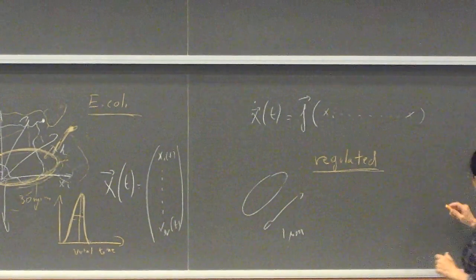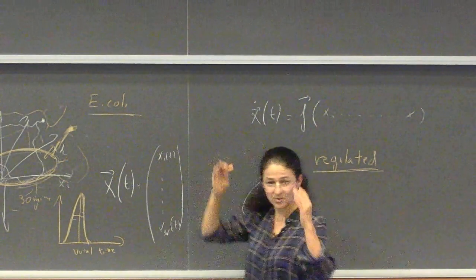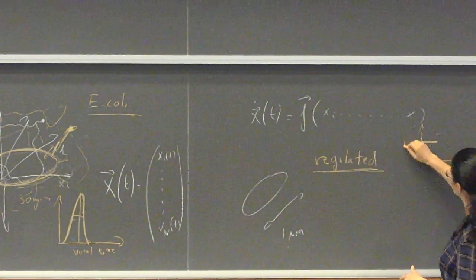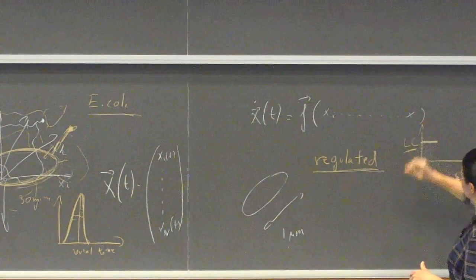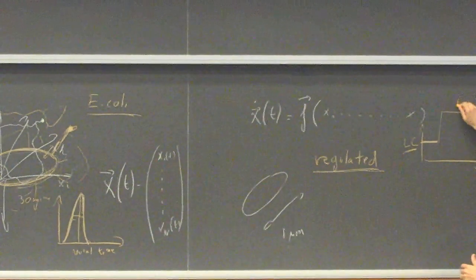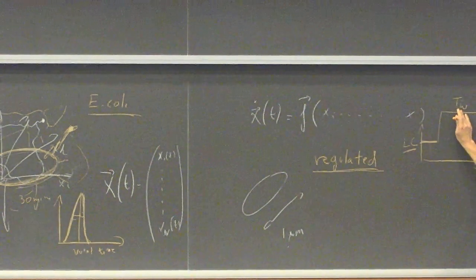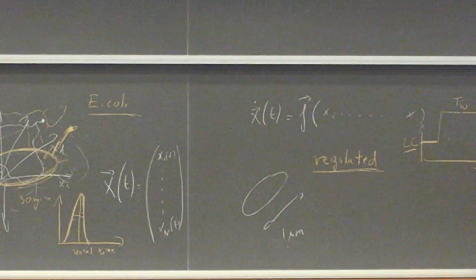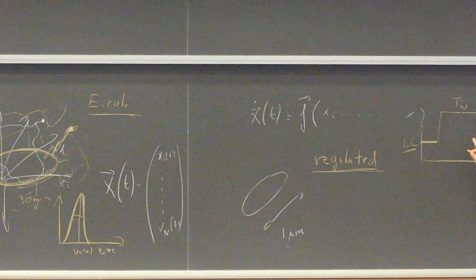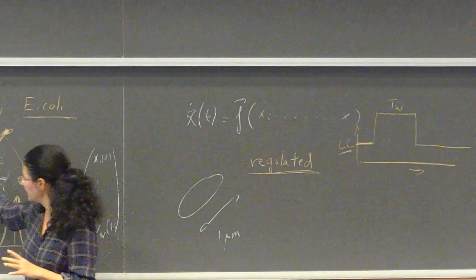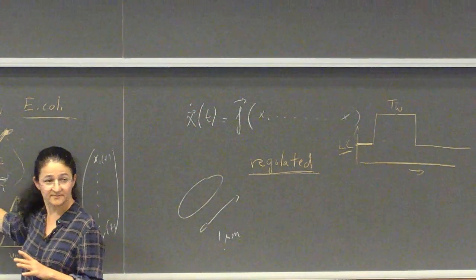And the idea of how maybe to start addressing the problem came from an experiment that we did, where we took cells in this state, in this limit cycle, where they grow nicely, and then very abruptly we expose them to a stress of a certain duration, t wait, and then we take away the stress, put them back exactly in the same initial condition, and look at how the system relaxes to the state it was in, namely how long it takes for it to go back to this limit cycle.